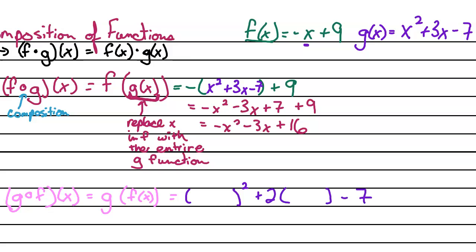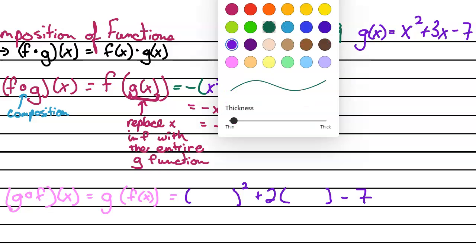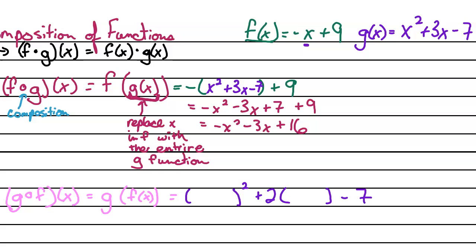Everywhere there's an x, I'm going to leave an open place. And in those open places, I'm going to put my f function. So everywhere I had an x here, I plugged this entire equation into it.